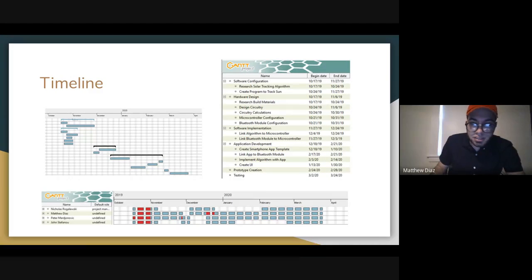And as you can see, this is the timeline on the right. We have the software configuration, hardware devices, the software implication, and the application development.